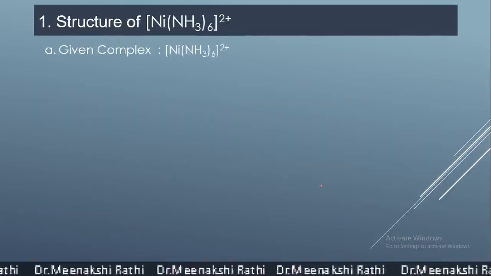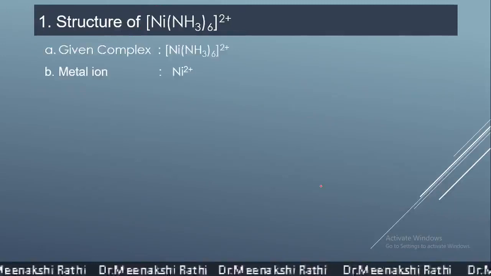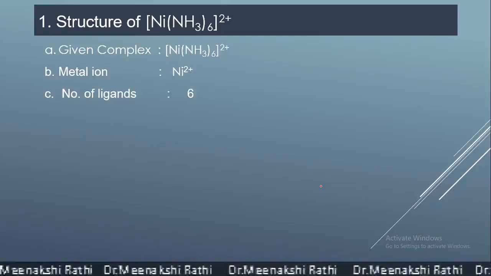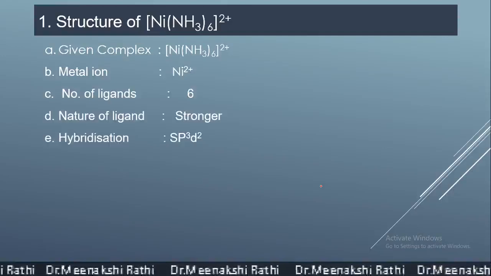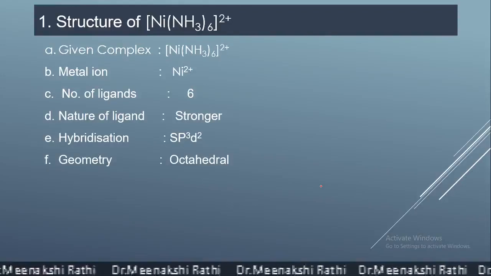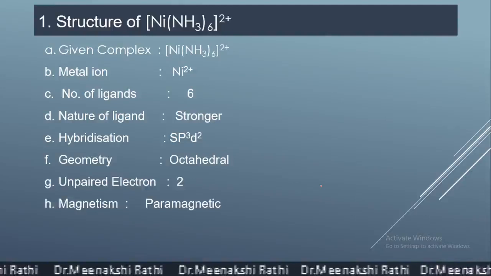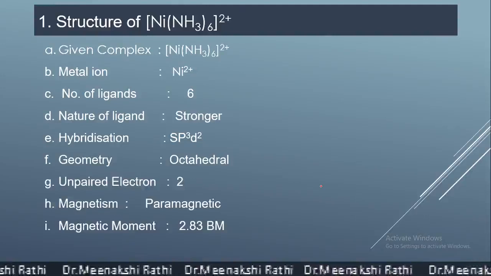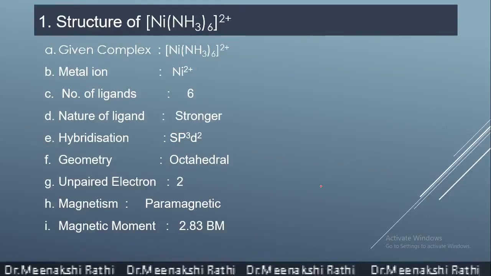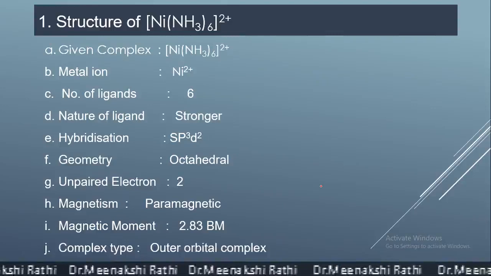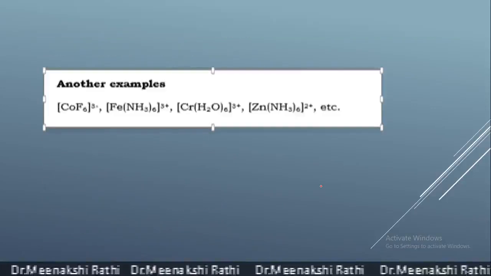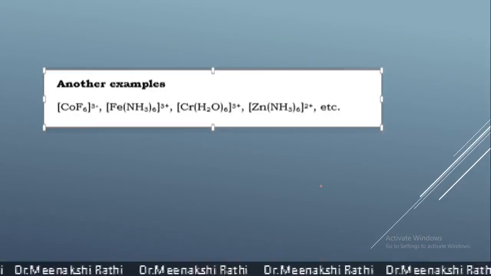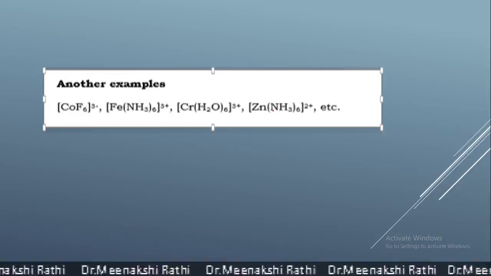In short: the given complex hexaamine nickel, metal ion Ni2+, number of ligands 6, nature of ligand stronger, hybridization sp3d2, geometry octahedral, unpaired electrons 2, paramagnetic, and its magnetic moment is 2.83. It is an outer orbital complex. Some other examples of outer orbital complexes or sp3d2 hybridization are shown here.